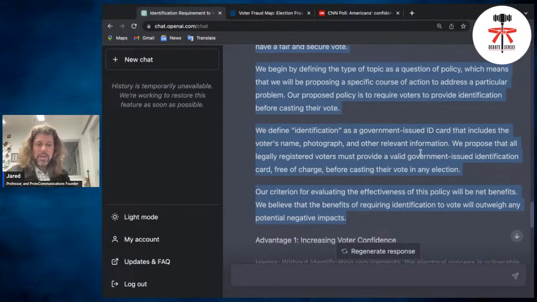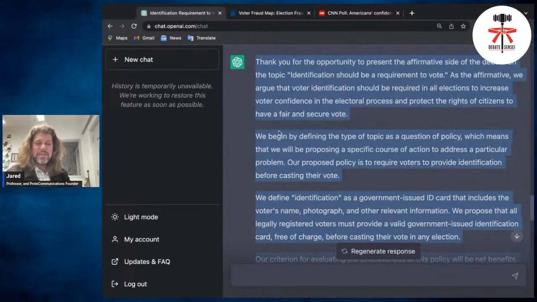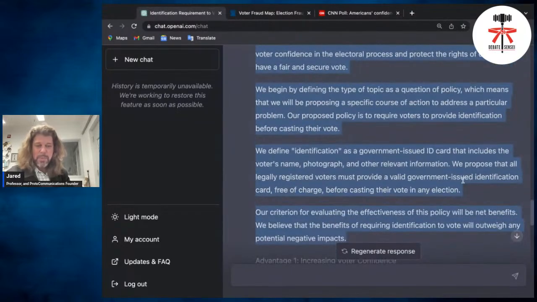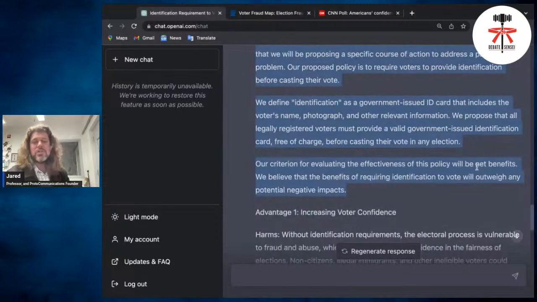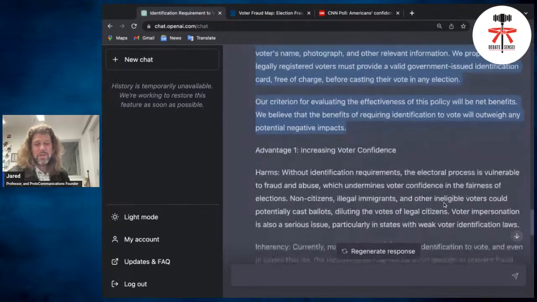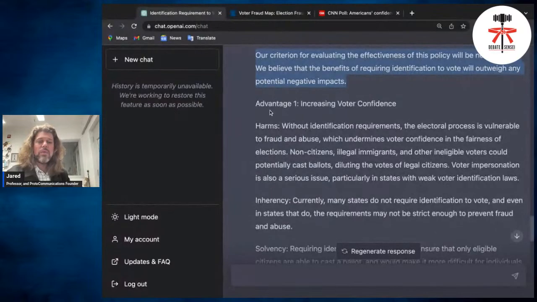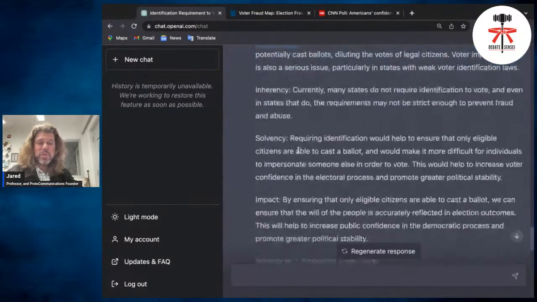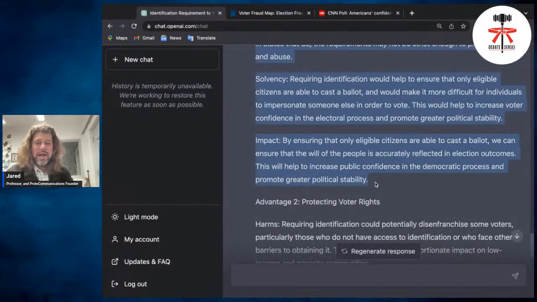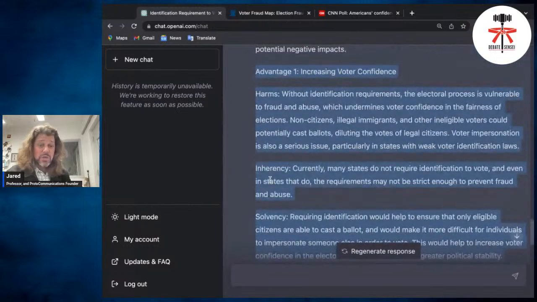"We propose that all legally registered voters," okay, and a criterion. All right, so you have definitions, a specific policy, and a criterion. Just use net benefits. Feel free to do that. But I really, really recommend having two advantages, organizing them using the stock issues.